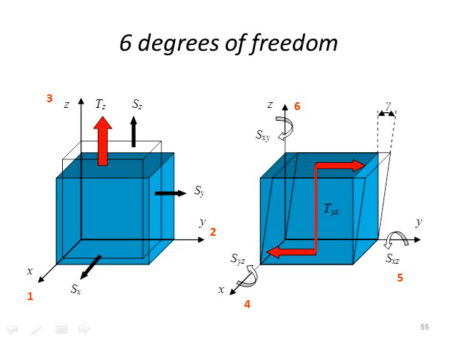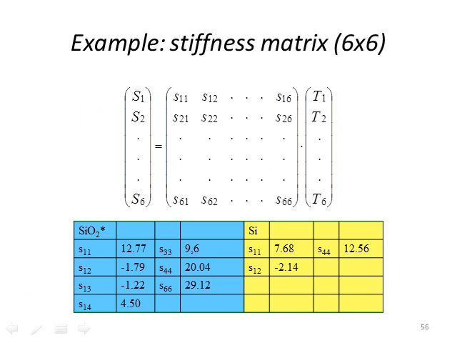Now, for a mechanical material where we're dealing with stress or strain, we have 6 degrees of freedom. So we have to be a little careful on how we formulate this. Essentially, we give an example of a stiffness matrix. It gives a strain with respect to the stress, and then the 6 degrees of freedom.